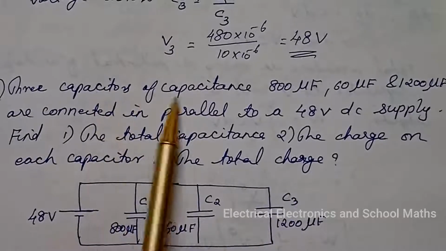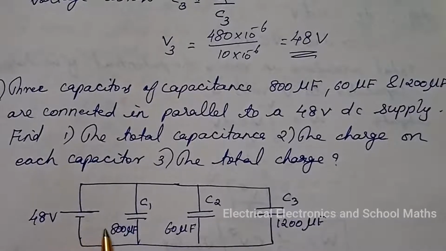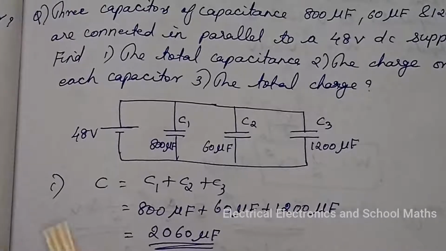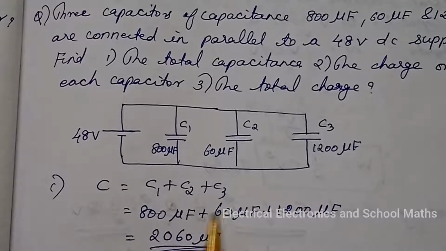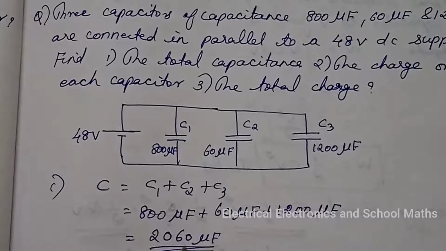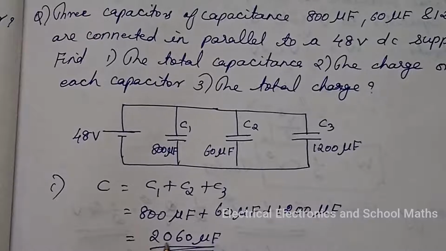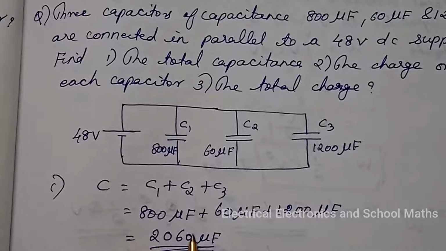Since these capacitors are connected in parallel, the total capacitance C is equal to C1 plus C2 plus C3. That is 800 microfarad plus 60 microfarad plus 1200 microfarad and we get 2060 microfarad as the total capacitance.